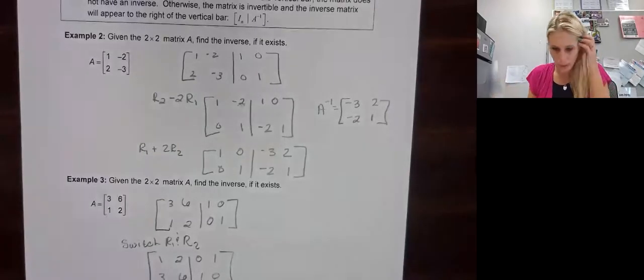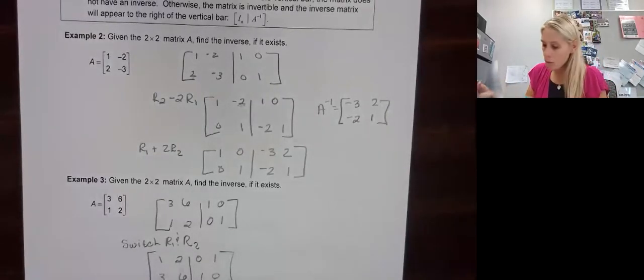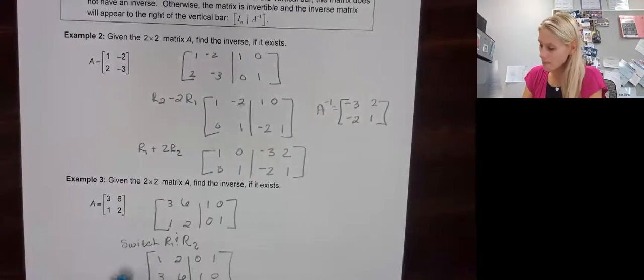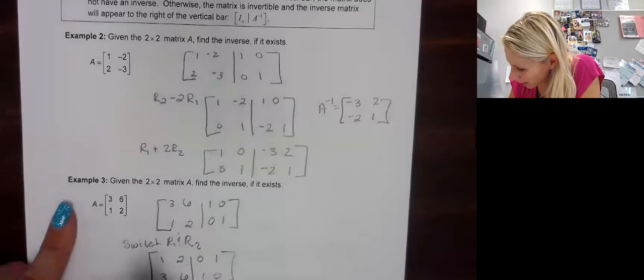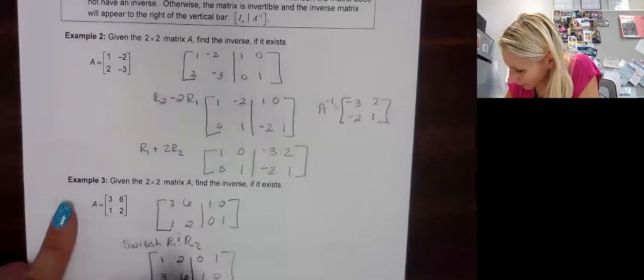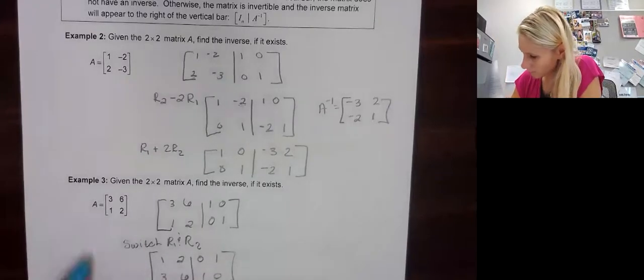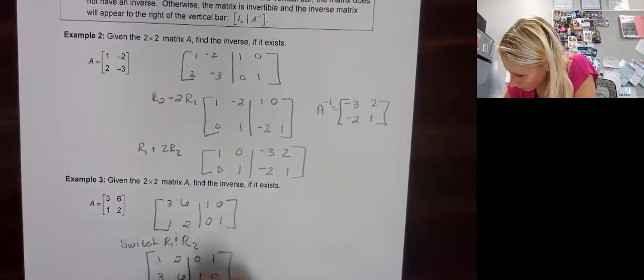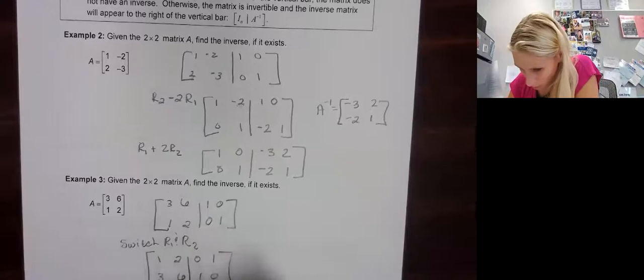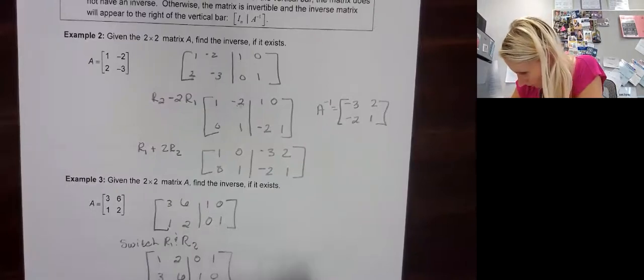Sorry guys, my pencil. Now what we can do is I want to say row 2 minus 3 times row 1. And what we end up with is 1, 2, 0, 1, 0, 0, 1, negative 3.